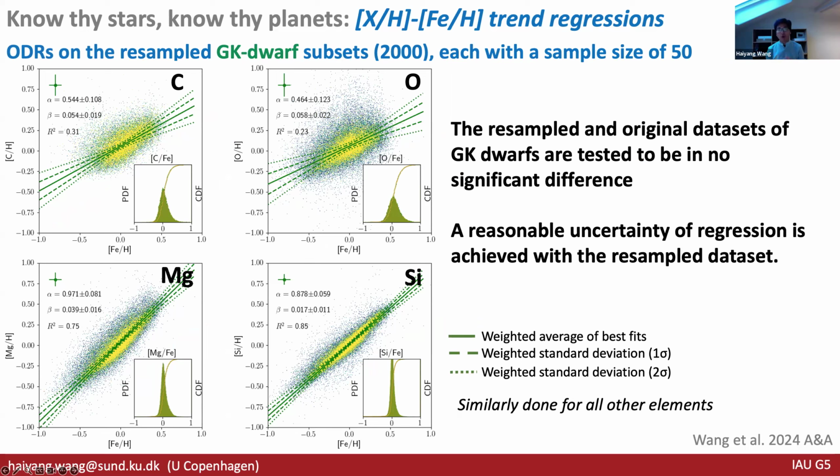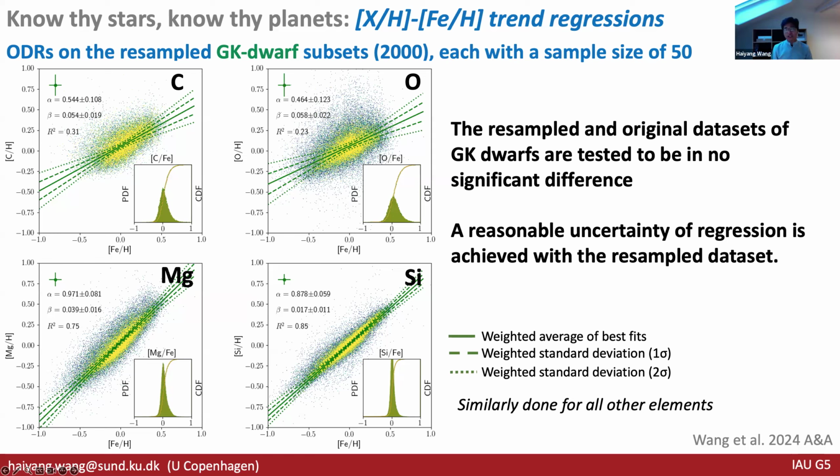To make them more comparable, we resample the GK-dwarf data set to the equivalent size as the M-dwarf data set, apply the same ODR fitting to the resampled GK-dwarf subset, and also repeat this 2,000 times as well. This gives a more robust trend, particularly for the uncertainty of the regression.